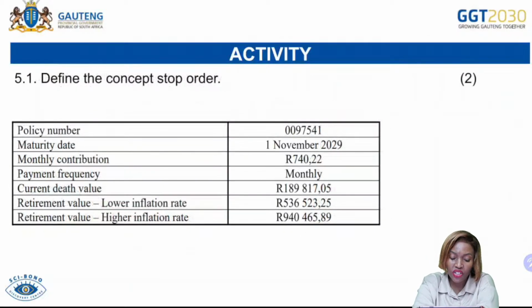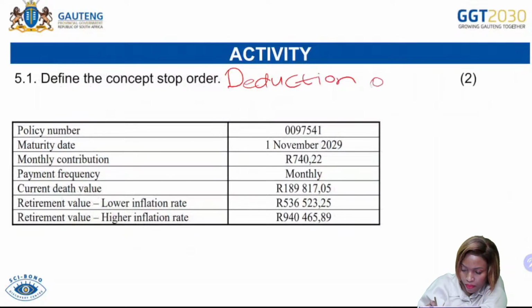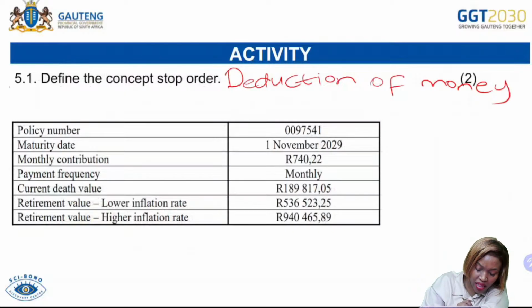Let's go to the questions. Define the concept stop order. Remember, I said with the stop order, it is a deduction that takes place in your pay slip. I'm just going to put it like that. Deduction of money by a third party.